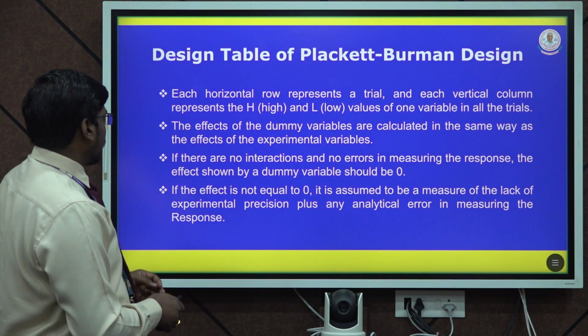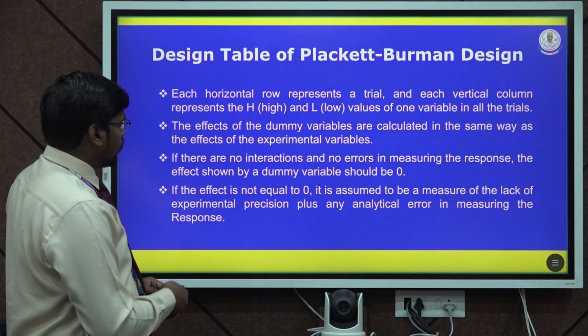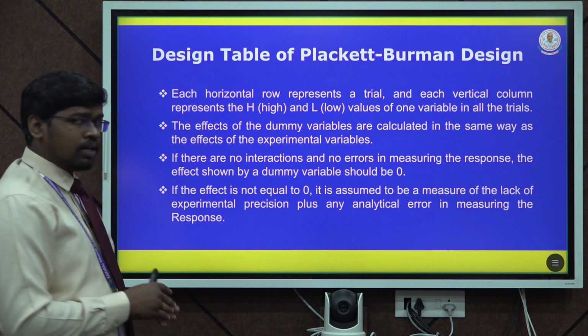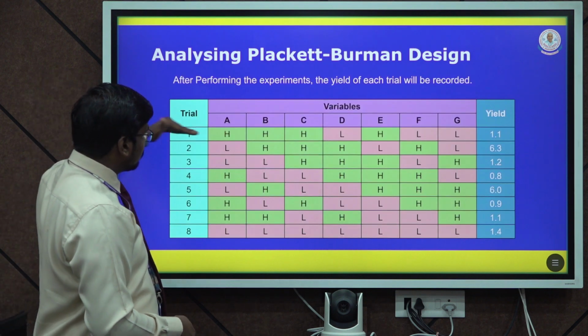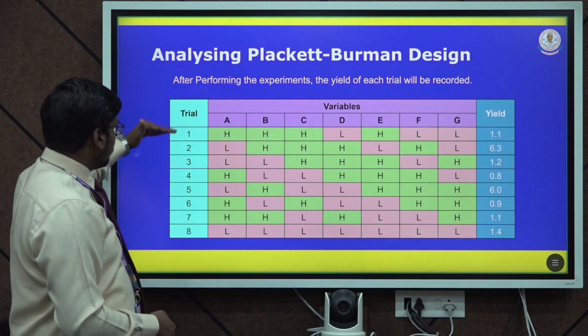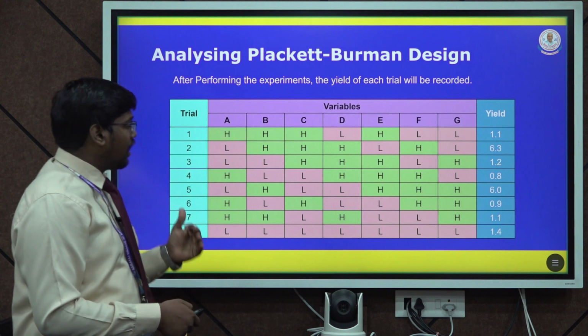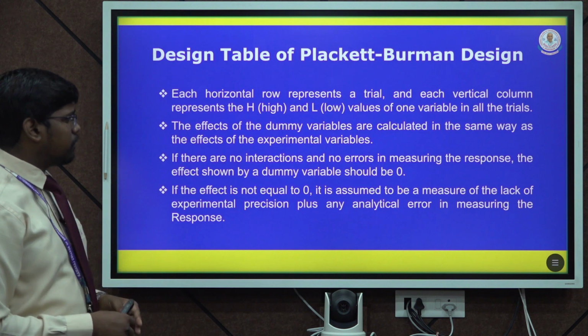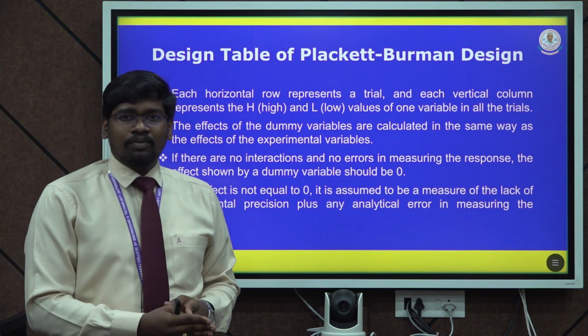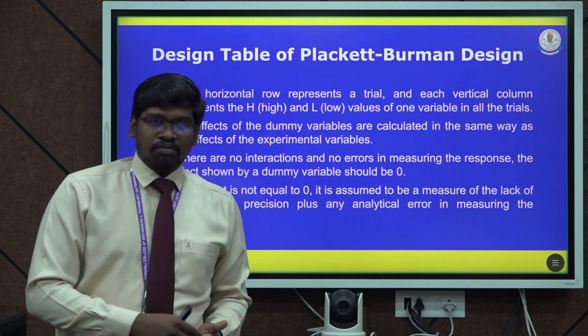In each Plackett Burman design, each horizontal row represents a trial and each vertical column represents a high value or low value of one variable in all the trials. So, each horizontal row represents a trial and each vertical column represents a variable and at which level it is being performed. The effects of the dummy variable are also calculated in the same way in which the effects of the other variables are calculated.